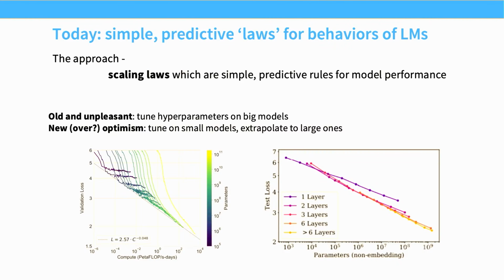And so the basic naive way to approach model training might be to say, I have a big budget. I'm going to do multiple training runs on these very big runs, and I'm going to tune hyperparameters on those big runs, right? But that's very wasteful. So instead, what I would like to do is do all of my optimization at the small scale and have some simple rule that allows me to extrapolate small-scale behaviors to large-scale behaviors, right?